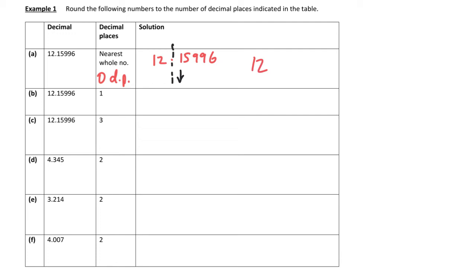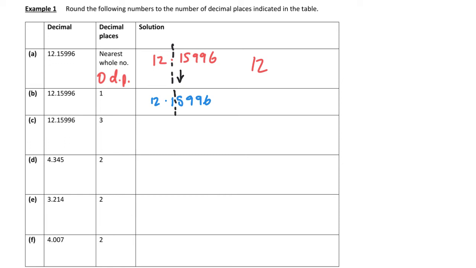So we've got a whole number. 12 is pretty close to 12.15996. So it looks like we're good here. Next example then is to do the same number only to 1 decimal place. So we'll write it out again, 12.15996. We're 1 decimal place, so that's where we're going to put our dashed line after the first decimal place.